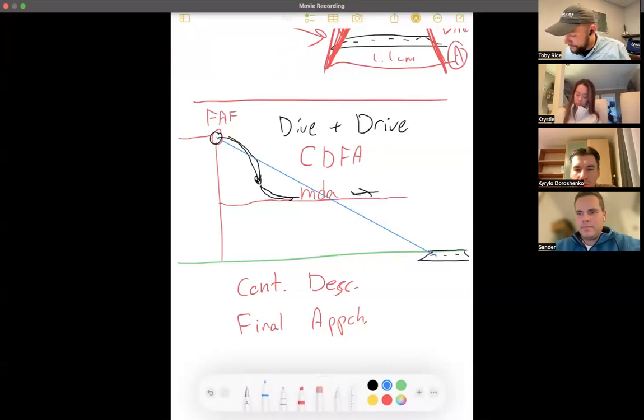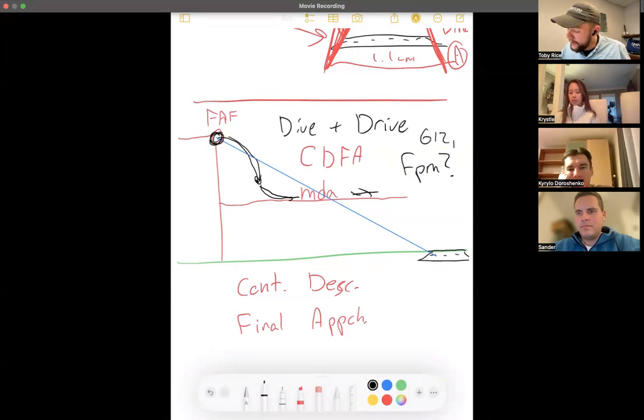And what I like to do is tell people, your goal is to figure out what angle that is. Sometimes it tells you the angle, and then figure out what feet per minute I need to fly to make that happen. Because if I could just say, oh, at my final approach fix, I need to fly 612 feet per minute, and if I can fly that, I'll be good.